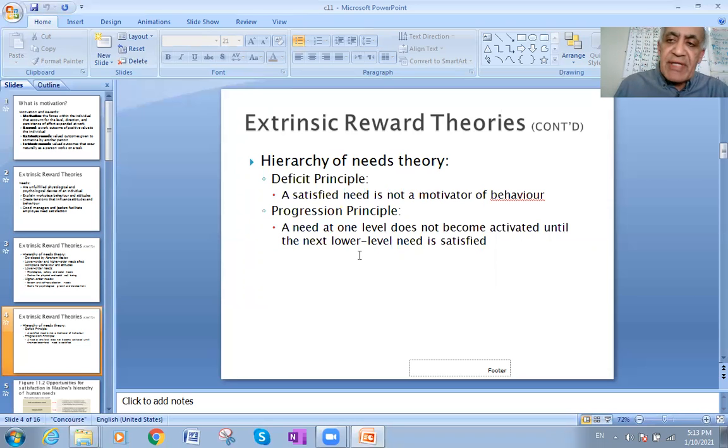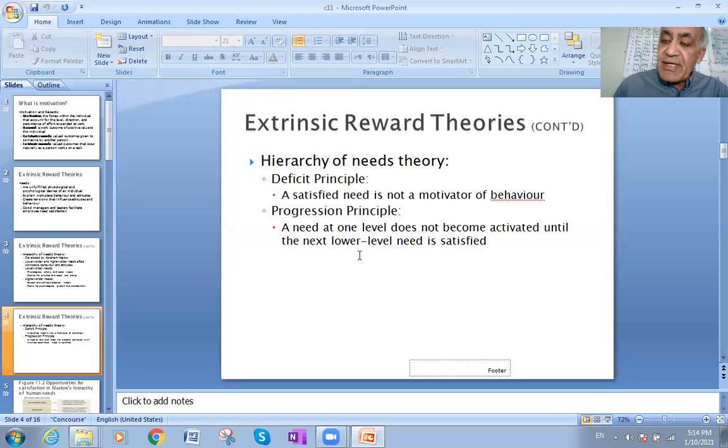But after that, they discovered that this is not true, because a person moves between the five levels of the hierarchy without fully satisfying one level to go to the upper one. I'm eating and drinking and getting married and having shelter and clothes. At the same time, I'm working on my esteem, I'm looking for safety, for social needs, for self-actualization needs. I'm doing all this together.